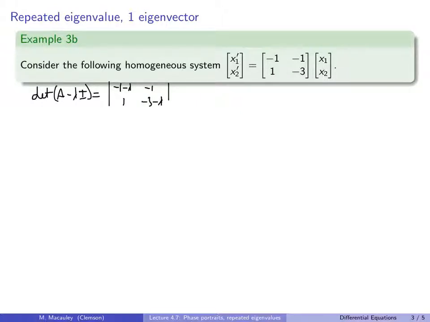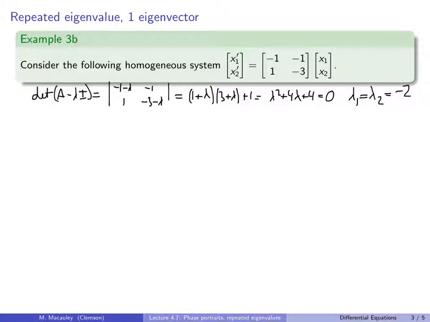If we multiply this times this, we can pull out a negative 1 from each, and they multiply together to be 1, so we can write this as 1 plus lambda times 3 plus lambda plus 1, and that's lambda squared plus 4 lambda plus 4, which is 0, and so this has roots lambda 1 equals lambda 2 equals negative 2.